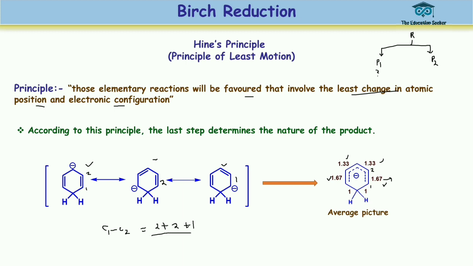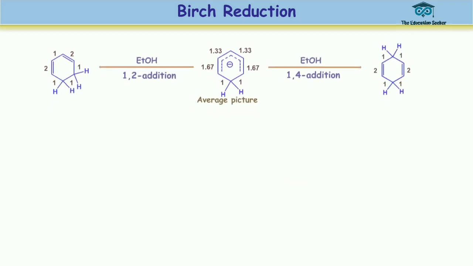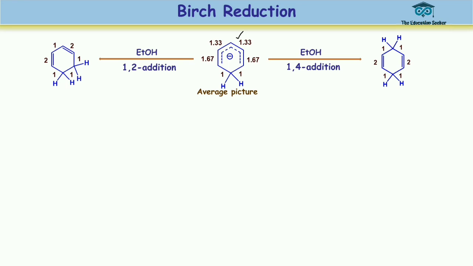Now we divide by 3, the number of canonical structures that we have, so it gives 1.67, right? The other values, that is 1.33, 1.67, 1, are also calculated in the same way. Now this is the average picture. This is the 1,4 addition product and this is the 1,2 addition product. The values like 1, 2, 1, 2, 1 are bond orders.